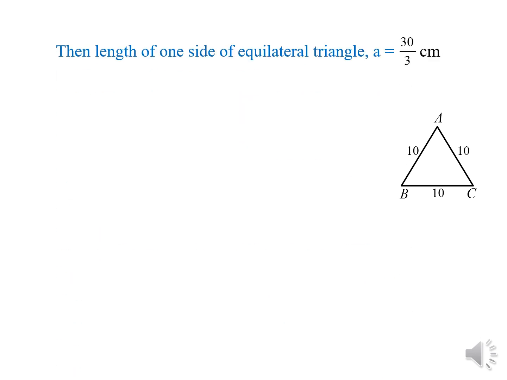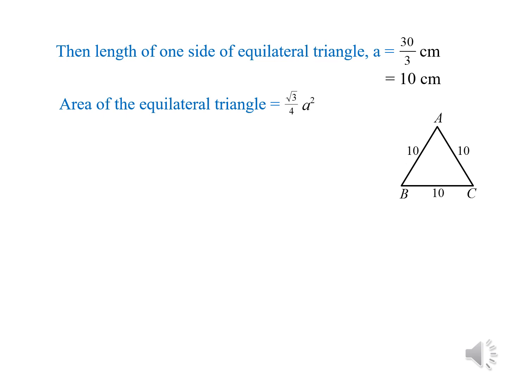Now the length of one side of this equilateral triangle is perimeter by 3, that is 30/3 centimeter, equal to 10 centimeter, and we consider this length is a. So therefore the area of the equilateral triangle is, formula is √3/4 a².